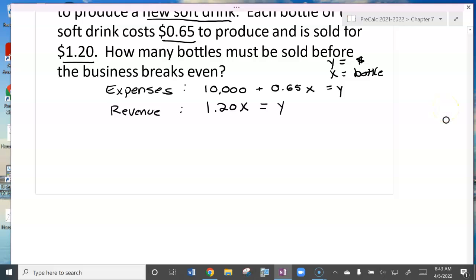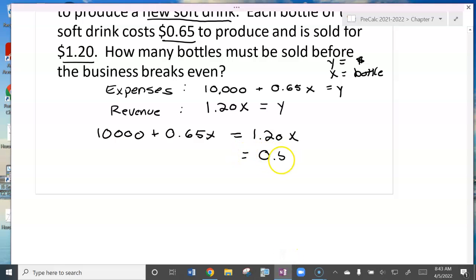So all I have to do is say 10,000 plus 0.65x equals 1.20x. And then I'm just going to solve for x. So let's get x all by itself on one side. I'm going to subtract the 0.65x from 1.20x. And I get 0.55x.